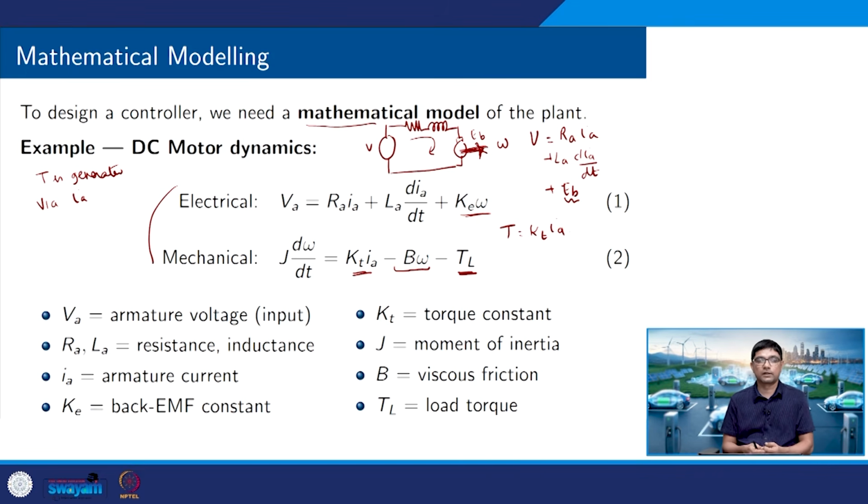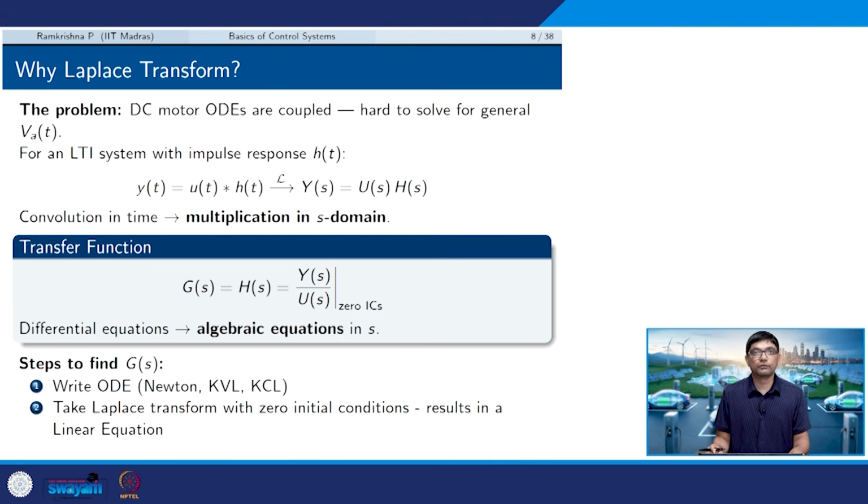Those could be the several control problems that come to mind while we are looking at a system like this. So, the equations of the DC motor are ordinary differential equations. They are coupled, and sometimes equations of this form are not very easy to solve.